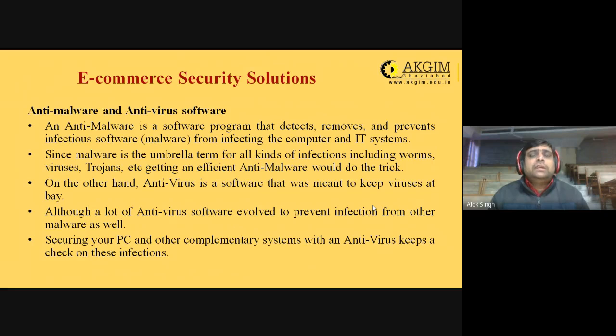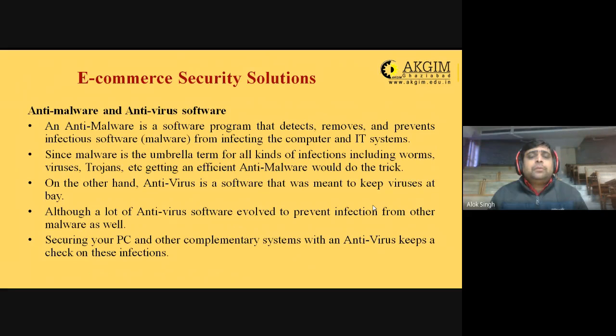Generally, you see that while you install this antivirus or anti-malware program, you see the notification that some Trojan horse is attacking your system, or some virus, or some spam, or some malicious code is there.